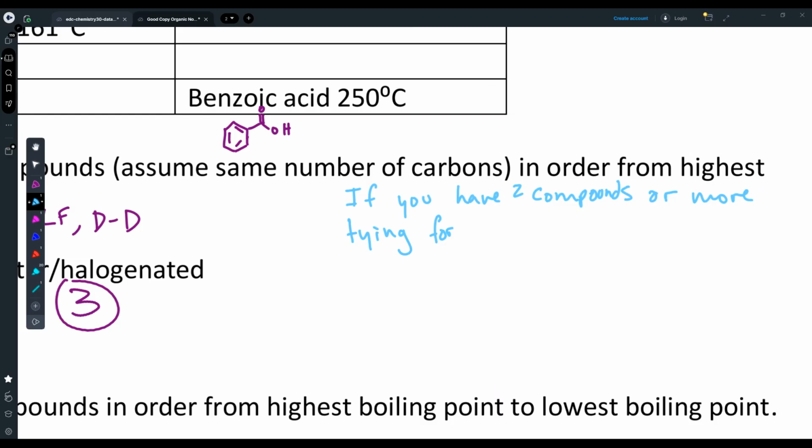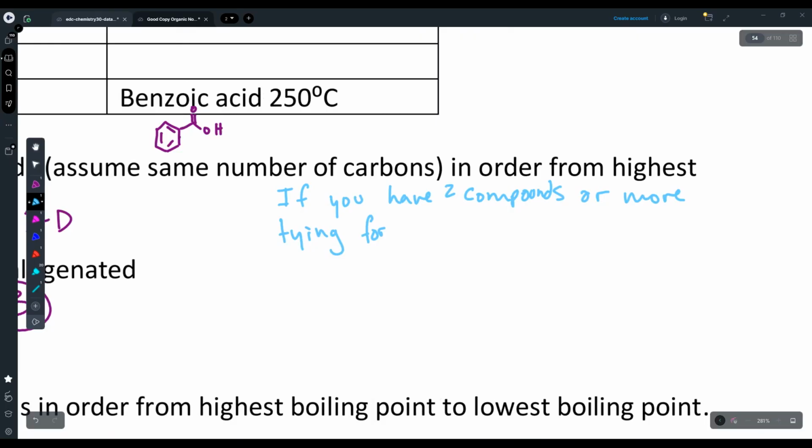You can either figure out which one's more polar, or consider the one that has the higher mass as the one with more London forces. And because the London forces have a significant effect on boiling points, that is actually the intermolecular force that usually decides which compound, if you have two compounds tying, will have the higher boiling point.